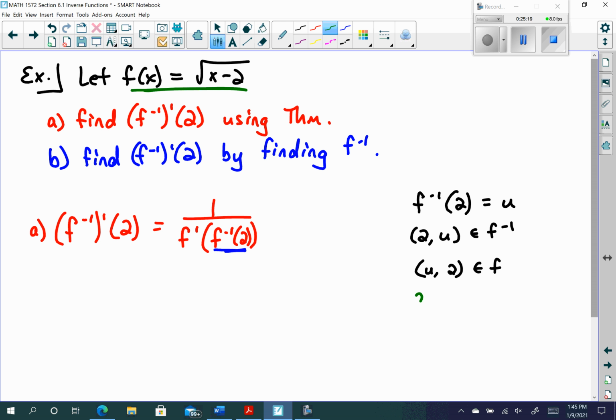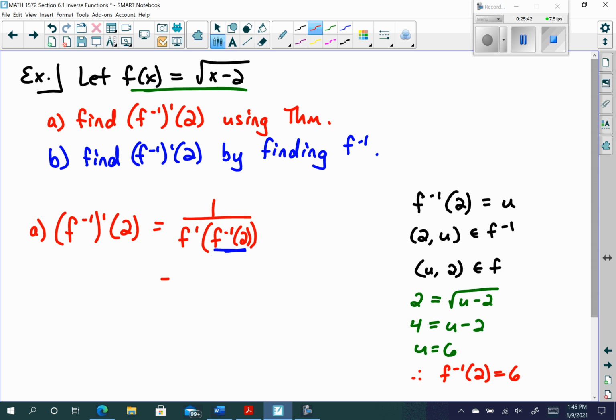So I'm going to set 2 equal to the square root of u minus 2. I'm going to square both sides, so we're going to get 4 is equal to u minus 2. And then u is equal to 6. So therefore, we're going to say that the inverse of f of 2 is equal to 6.